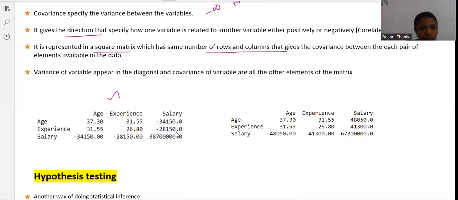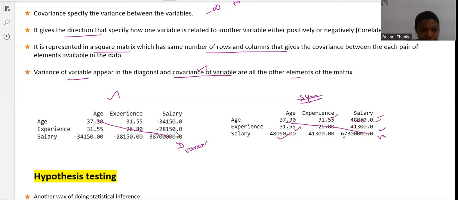You can see the diagonal values represent the variance. The other values are symmetric, so whatever is above the diagonal and below the diagonal will be the same. That is the symmetry. The diagonal values are called variance, and all the other values we call covariance.